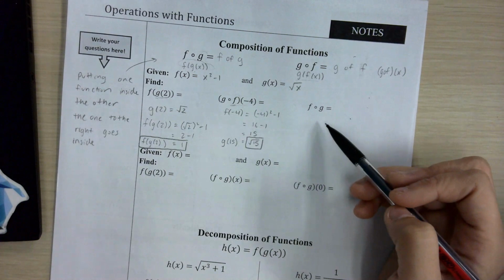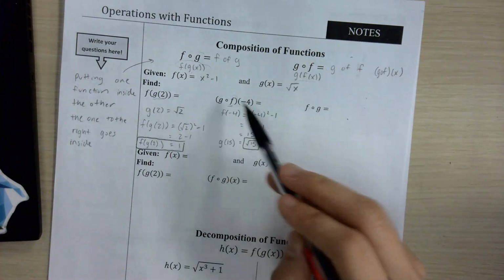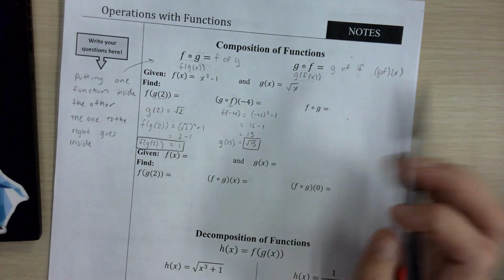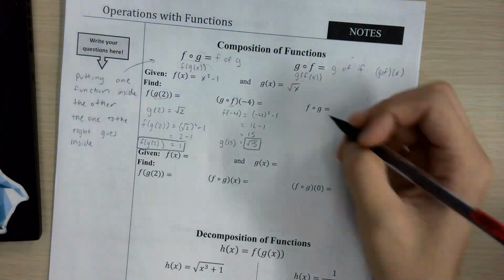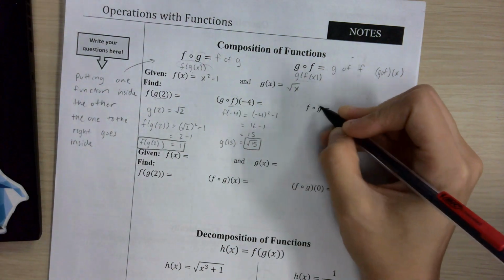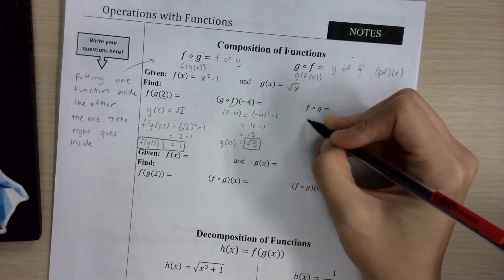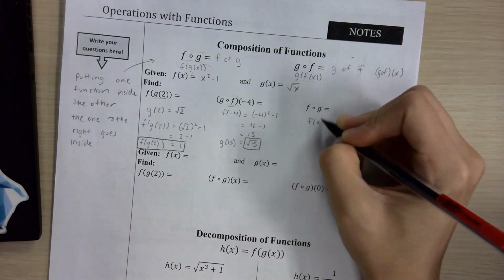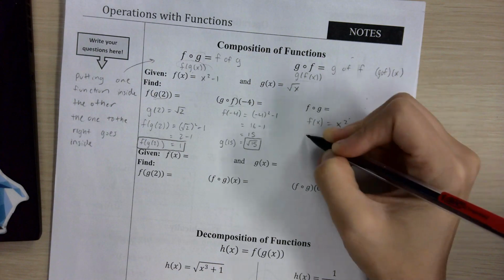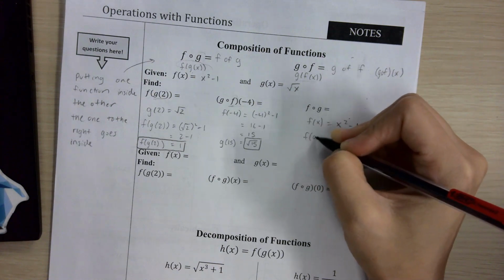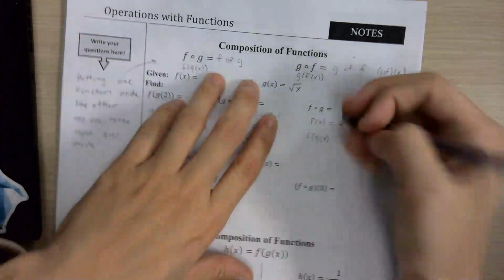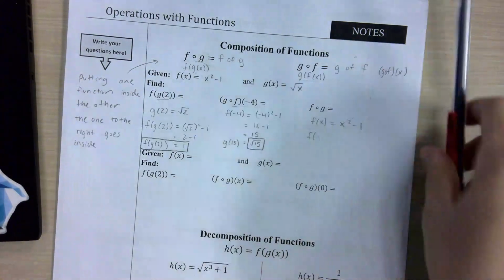And then this one is tricky because there's no number. So instead of putting in numbers, you're just going to put in variables. We're going to put g inside of f. So f of x equals x squared minus 1, and f of g of x, right? Let's do different colors.